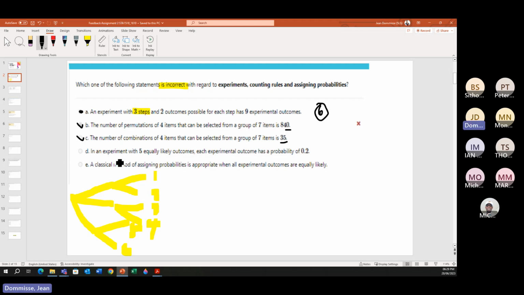Then in an experiment with 5 equally likely outcomes, each experimental outcome has a probability of 0.2. Okay, so that's also correct, because if you have 5, each has the same likelihood of outcome, it is 1 over 5, which is equal to 0.2. Then a classical method of assigning probabilities is appropriate when all experimental outcomes are equally likely.